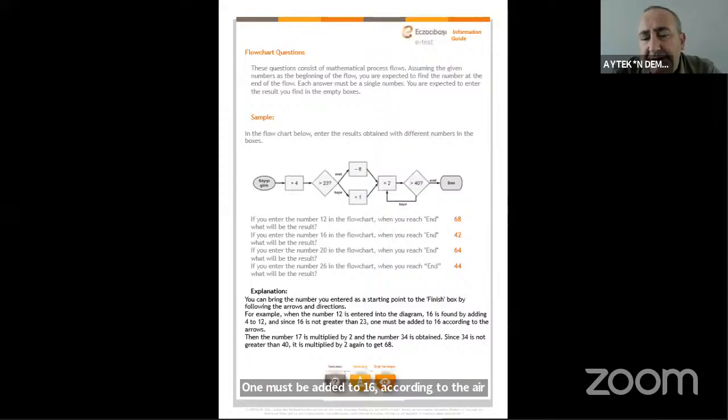The number 17 is multiplied by 2 and the number 34 is obtained. Since 34 is not greater than 40, it's multiplied by 2 again to get 68. Yes.